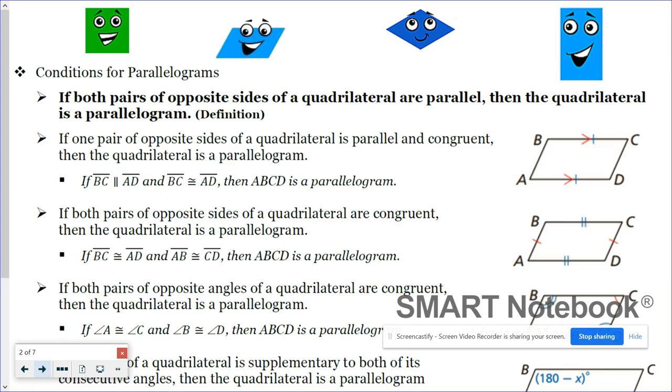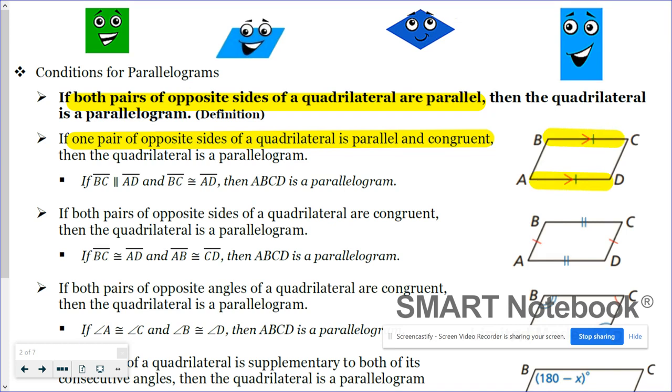So if you can show that both pairs of opposite sides are parallel, you can say the quadrilateral is a parallelogram by definition of parallelogram. If you can show that one pair of opposite sides is parallel and congruent, you can prove parallelogram, okay? But it has to be both parallel and congruent.